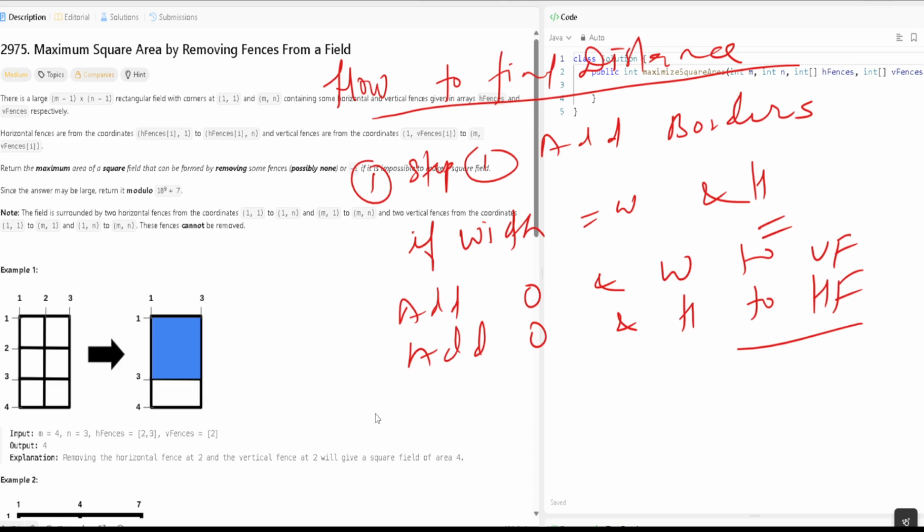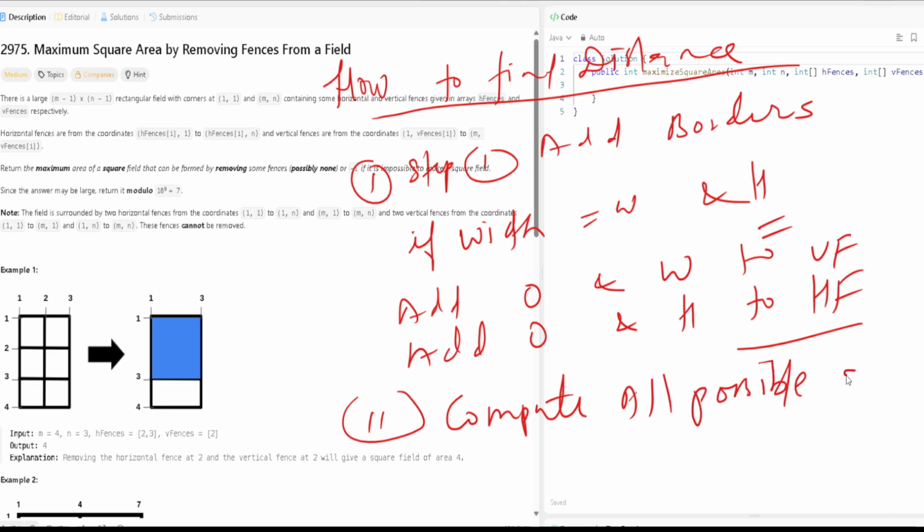Now we have to find the gaps. So now you will compute all possible gaps. If you remember the study problem, we told you how to find the gaps.